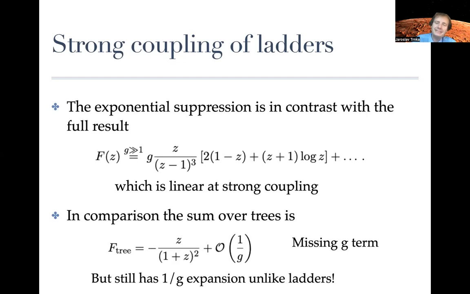So we are missing the leading piece at strong coupling, but it has a qualitatively similar behavior. It's not exponentially suppressed. It has a 1/g expansion, but it's constant at strong coupling. Okay, so the graphs that we took definitely don't capture the leading behavior at strong coupling.